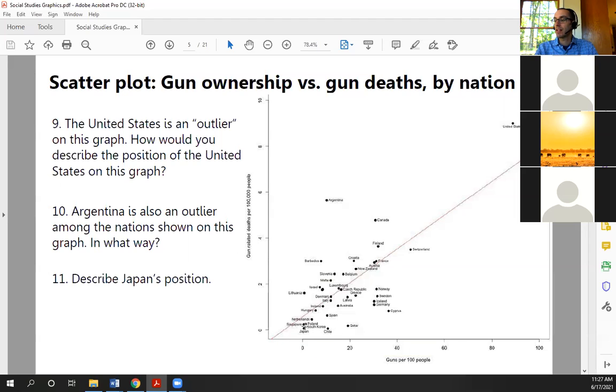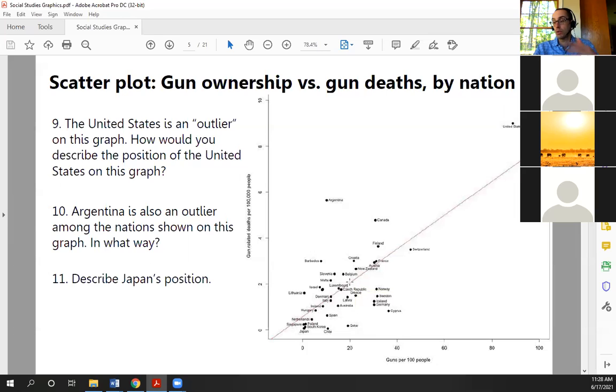So you could make the argument, and I'm sure people in Japan do make the argument, that almost no one owns guns, and so you have almost zero gun-related deaths, right? There are countries in the world, also known as having peace, where the police don't even carry guns, right?